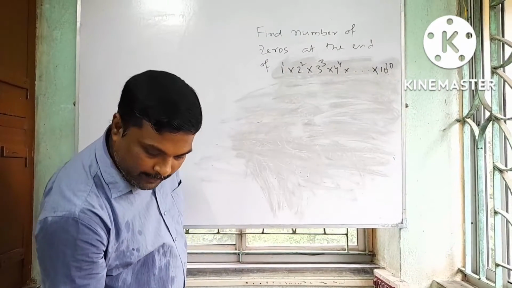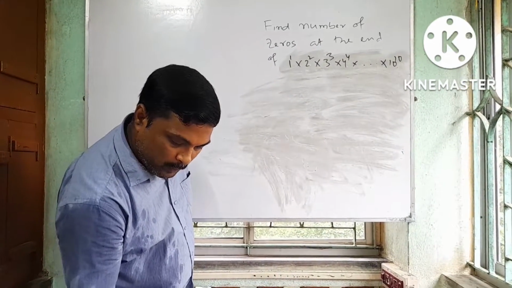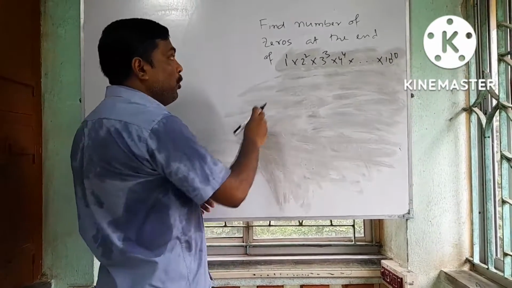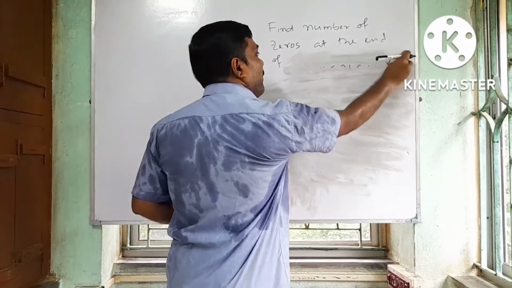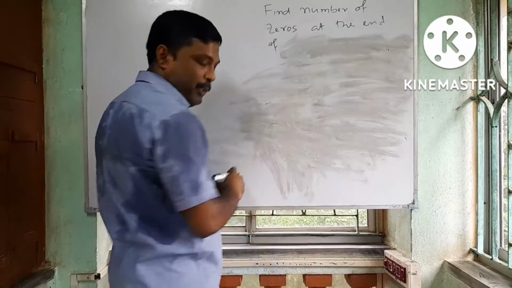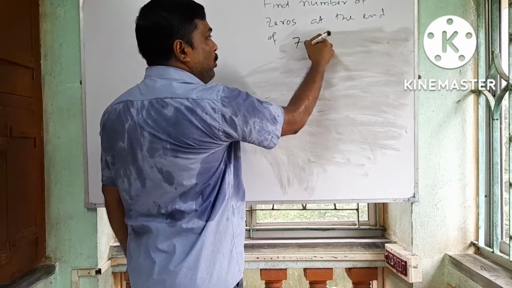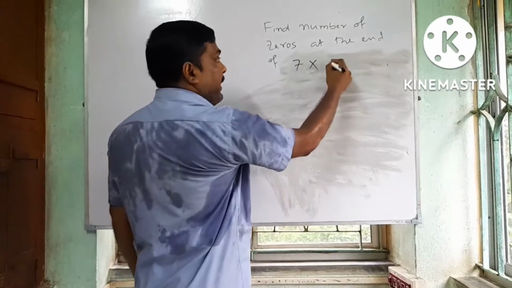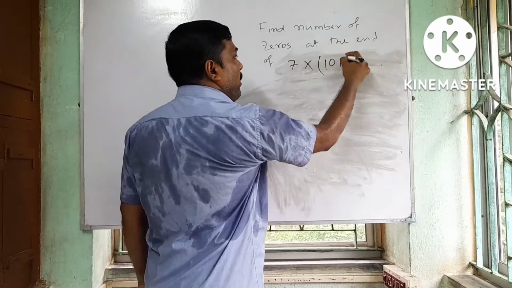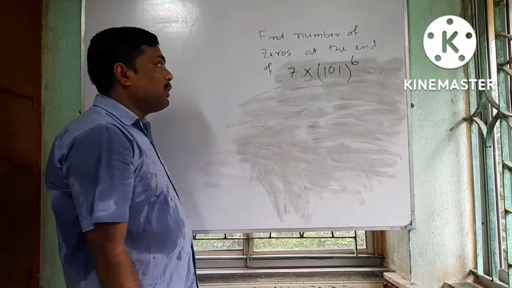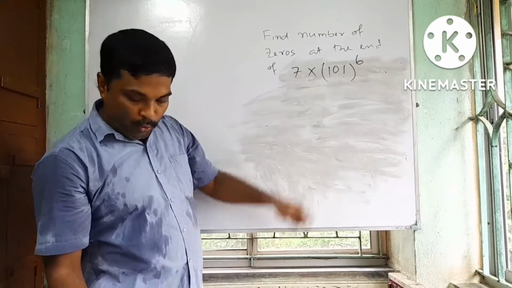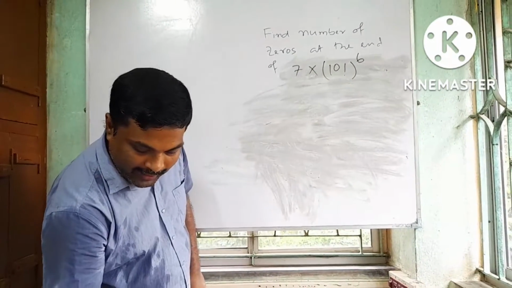Next question: find the number of zeros at the end of 7 into 10 factorial to the power 6.